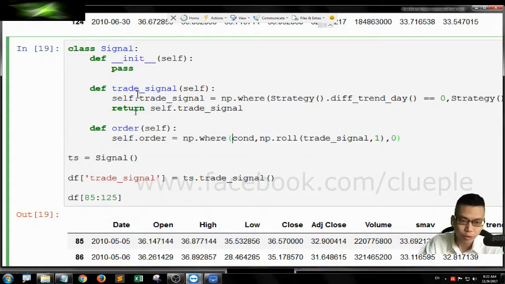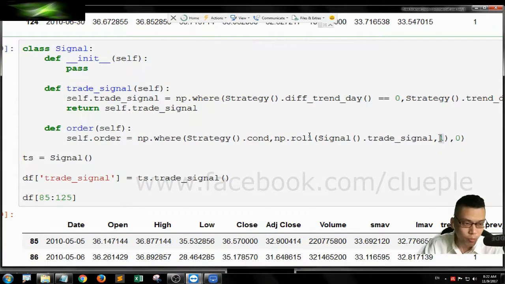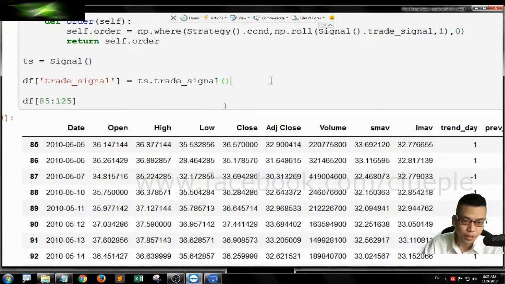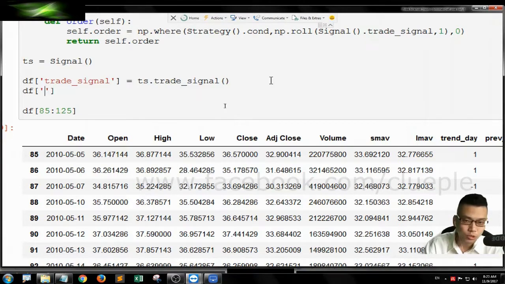So we go back to the formula. When the condition of the strategy class holds, then we roll back to the previous day's trade signal to be our order. So we return the signal class dot trade signal, which is here, and we roll back by 1 day, which is the previous day. Otherwise, we return 0. Okay, then we return self.order.